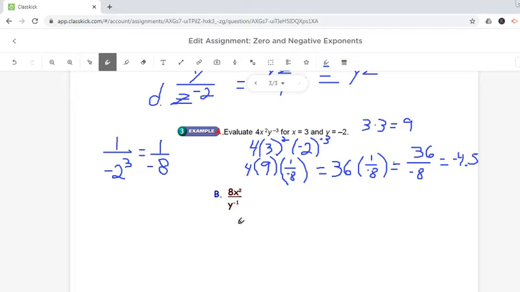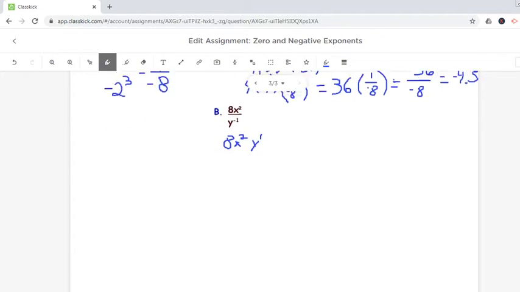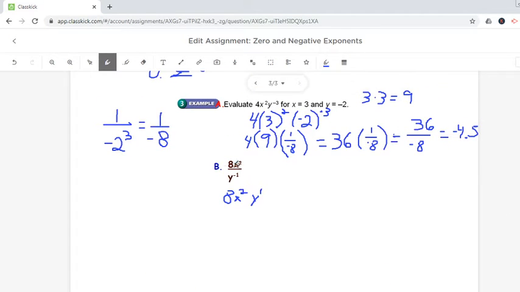So we have 8x squared, pushing this up to the numerator. So that's y to the first. We change the negative to a positive. So that's the answer for that.